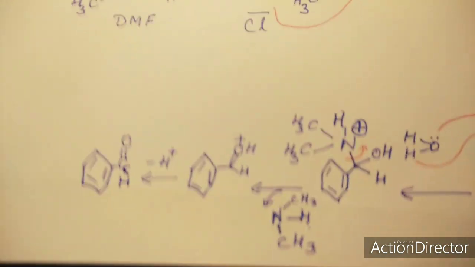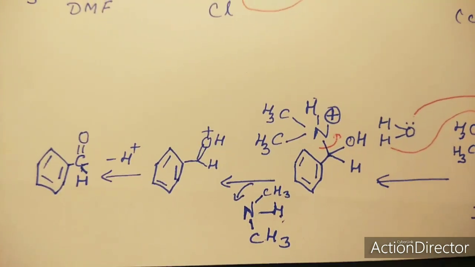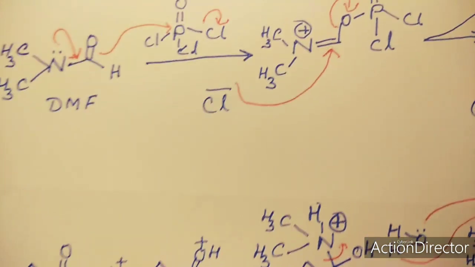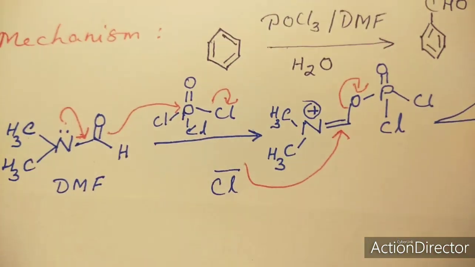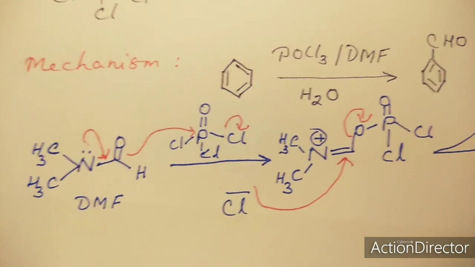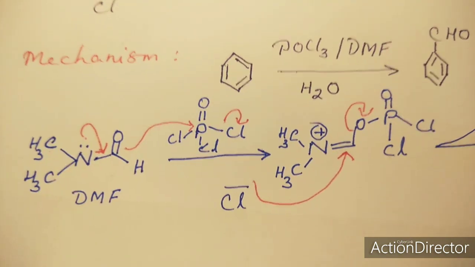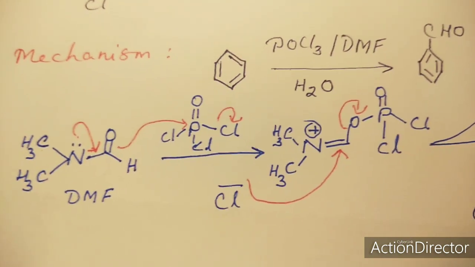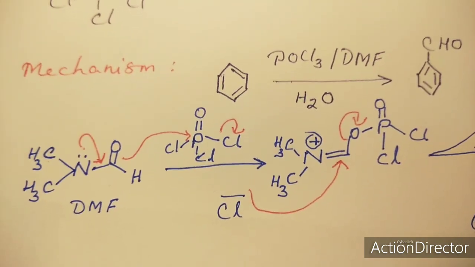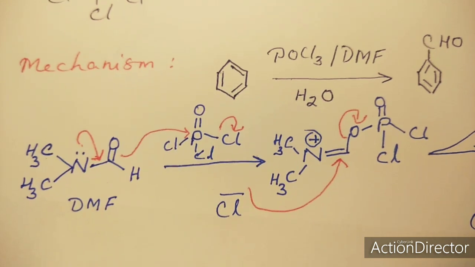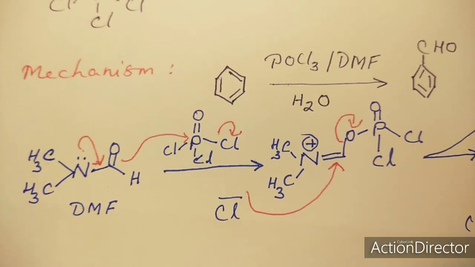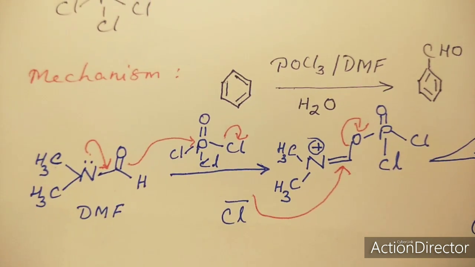And how did this Vilsmeier Haack reaction proceed? It proceeded with the formation of the chloroiminium ion. And how was the chloroiminium ion formed? The chloroiminium ion is the electrophile which is acting on the electron rich benzene, or we can say phenyl substrate, which has electron donating groups.